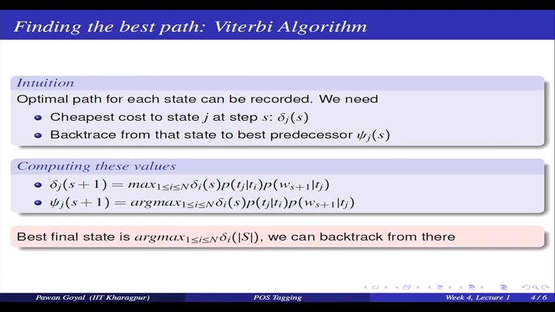And how do we end? Once we have gone through the sentence end, I will have the probabilities for all the possible states at the ending word. I will take the maximum of those and backtrace from there, and that will give me the optimal tag sequence for this particular sentence.